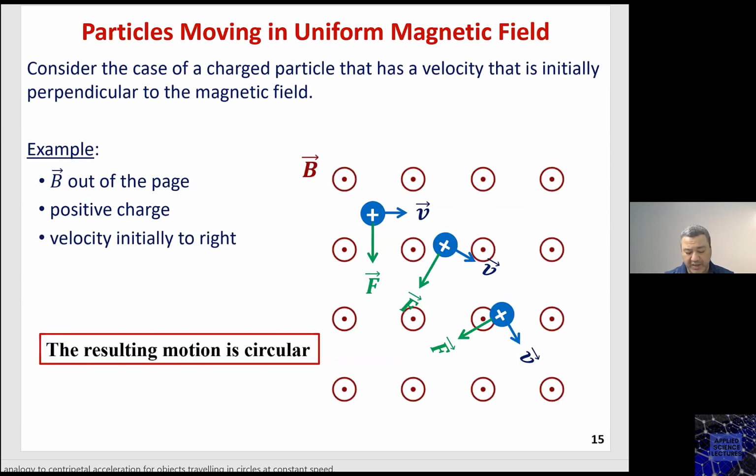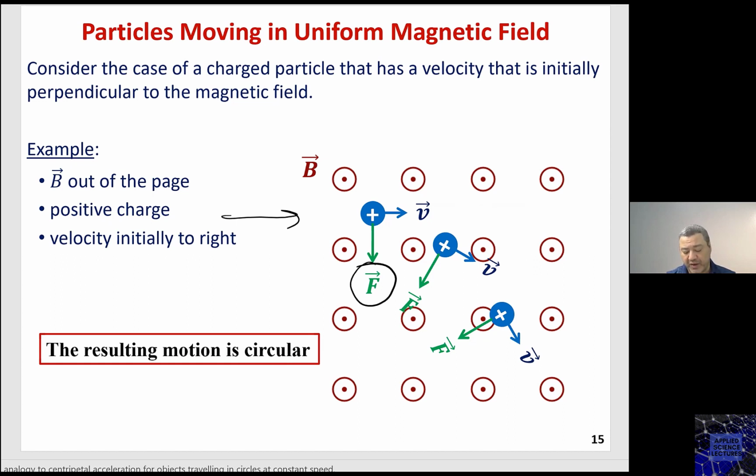So how does this happen? Now let's look at this case. We have a moving charge, initially coming in this direction. This is a positive charge, so we can use the right hand rule. Pointing the index finger toward the velocity and the middle finger out of the page toward the magnetic field, you can see that the force would be pointing downward.